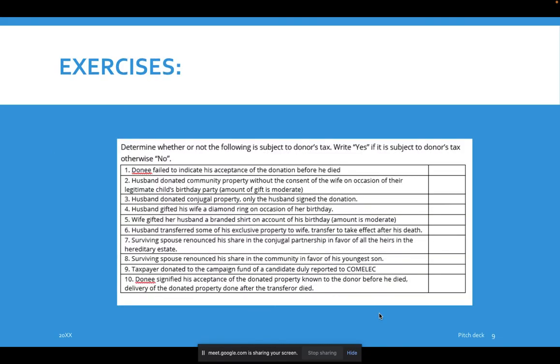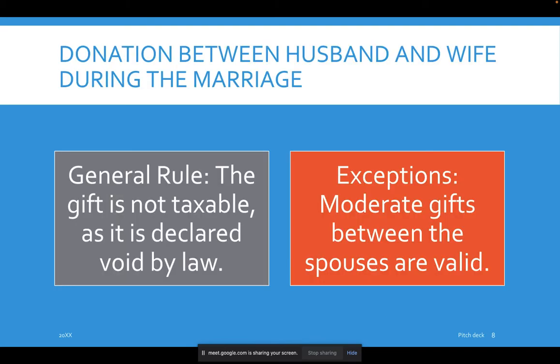Okay. So, bago po natin i-proceed, mag-a-assign po ako sa inyo again ng exercise. Tanggalin ko muna yan. Para check lang natin kung tayo ay nakinig kanina. Bibigyan ko kayo ng very simple exercise on donation or donor's tax. Sige nga. So, I will now assign to you this one.